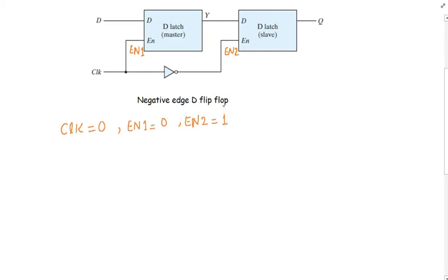So we can see that the master latch is disabled and the slave latch is enabled.